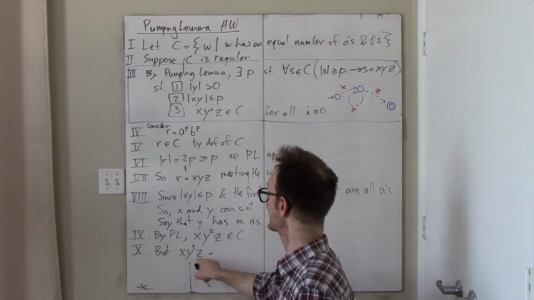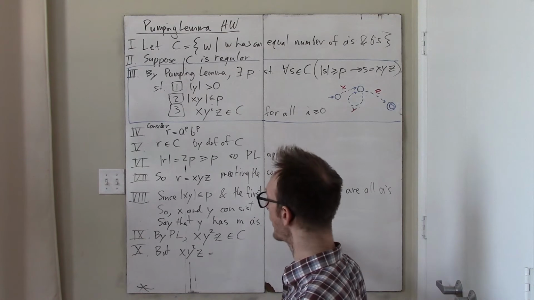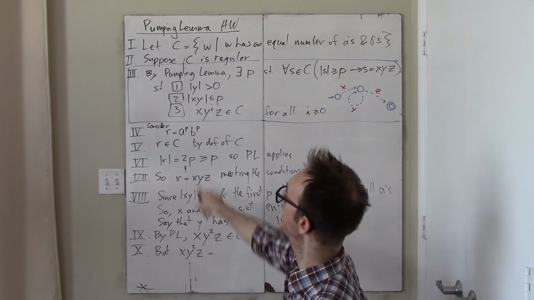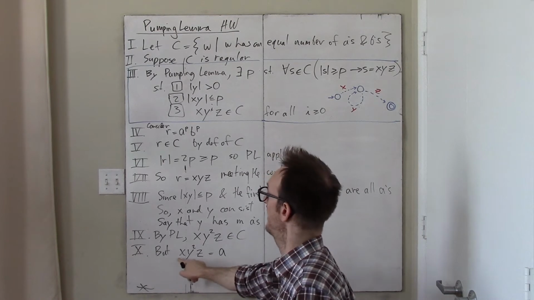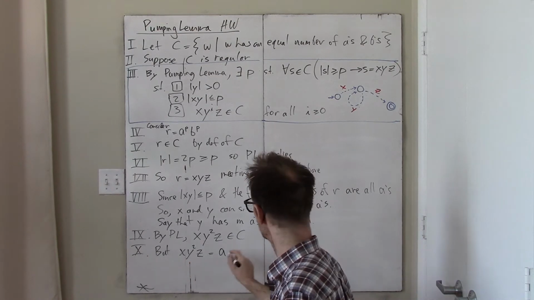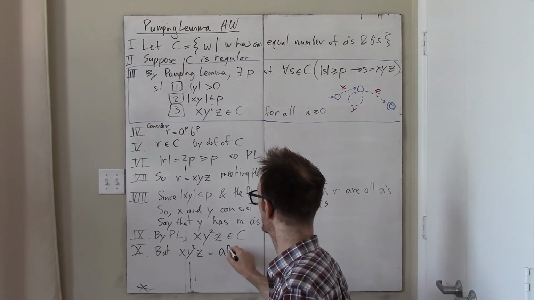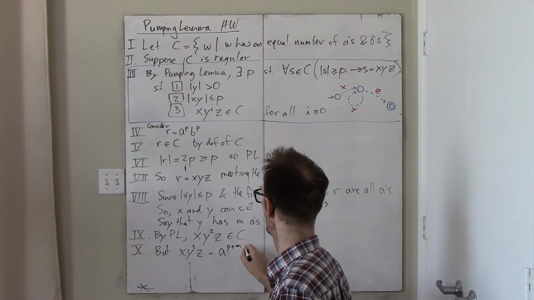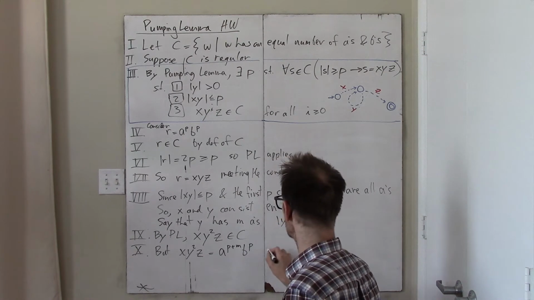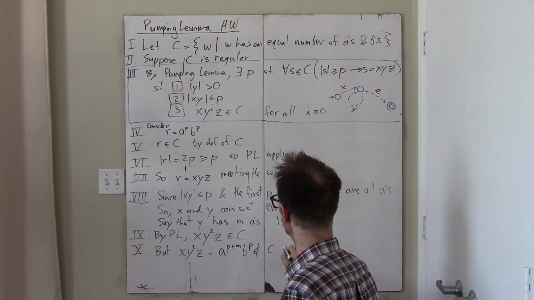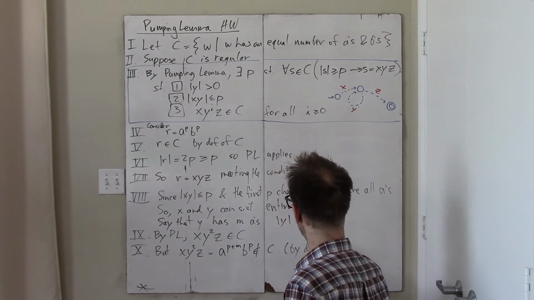So x, y squared, z is going to have m more A's than it did. And so in fact, this string x, y squared, z is a to the p plus m, b to the p. But that is just simply not in C, by the definition of C.